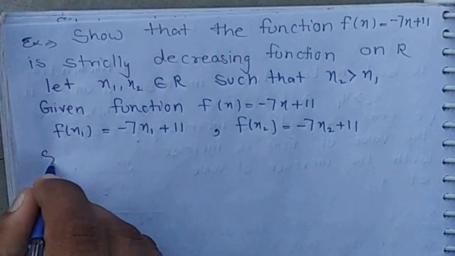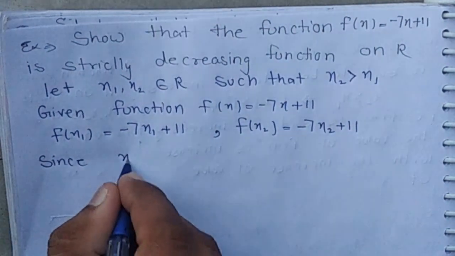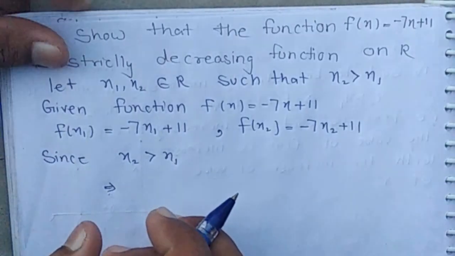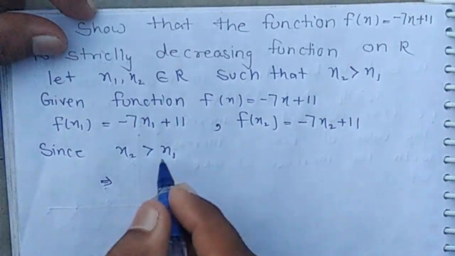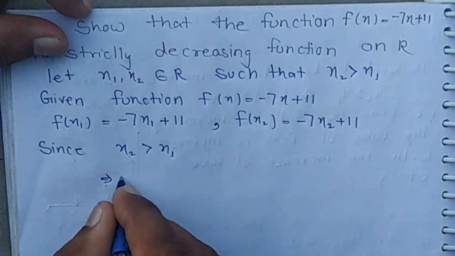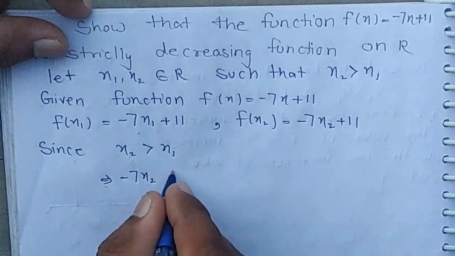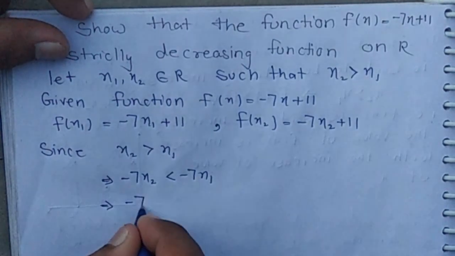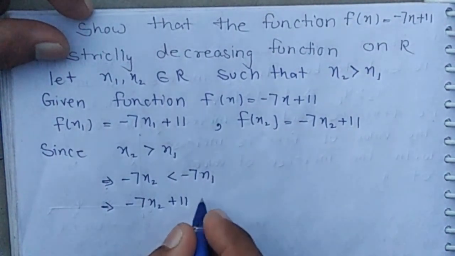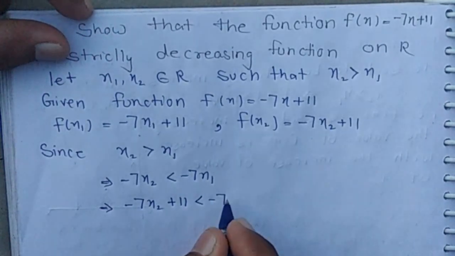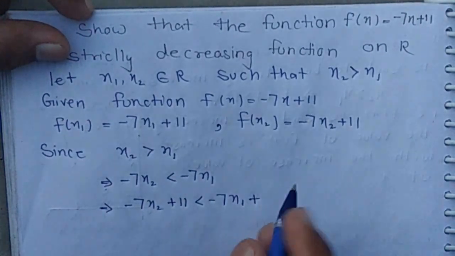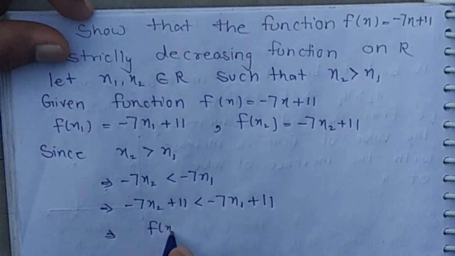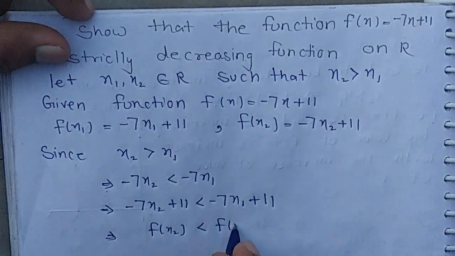Now since x2 is greater than x1, we multiply by minus 7 on both sides, then the inequality reverses: minus 7x2 is less than minus 7x1. Adding 11 both sides, we have minus 7x2 plus 11 is less than minus 7x1 plus 11. It means f(x2) is less than f(x1).